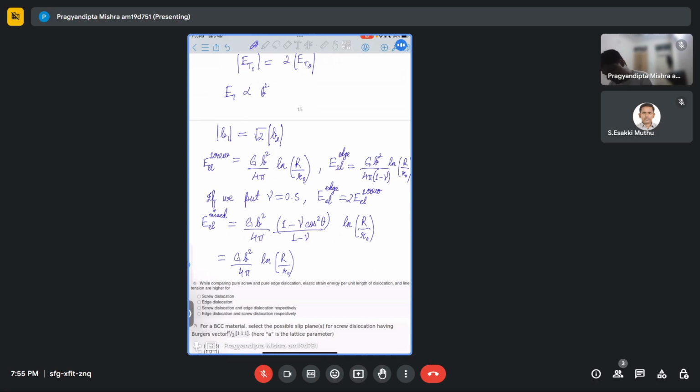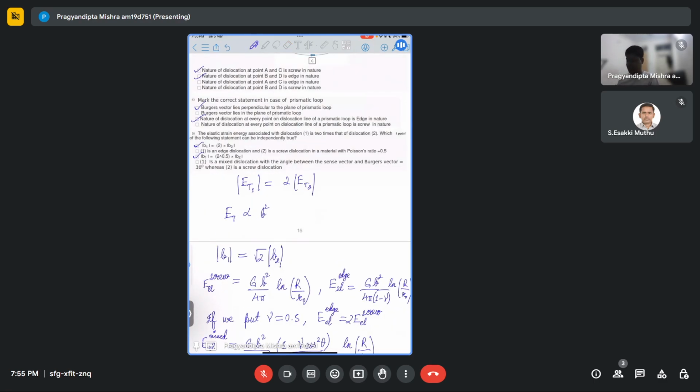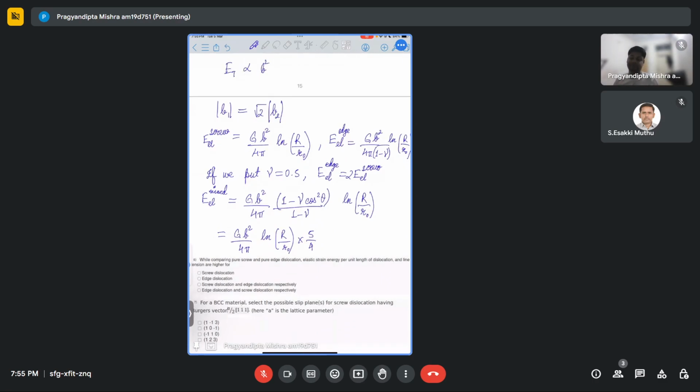So it will be into 5 by 4. So this is screw dislocation times 5 by 4, which is again not correct. Therefore, this option D is not correct.